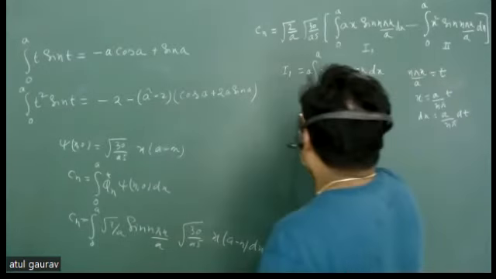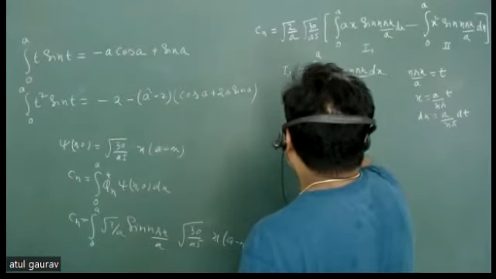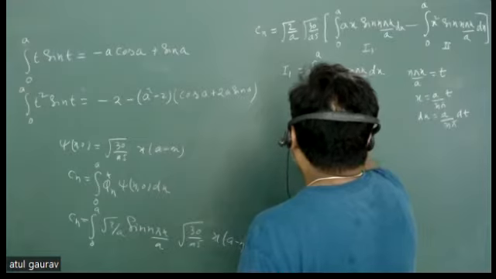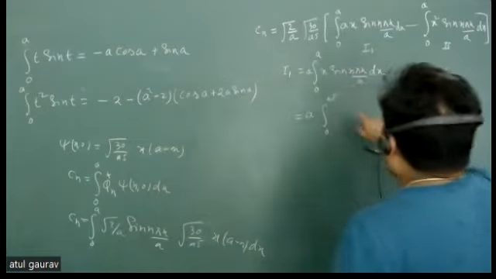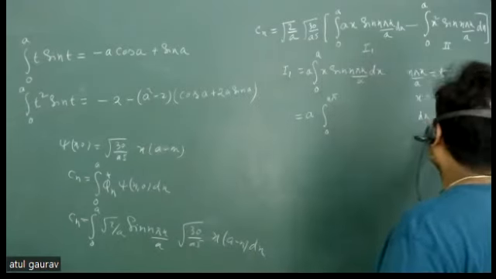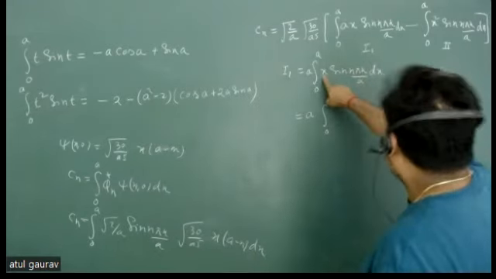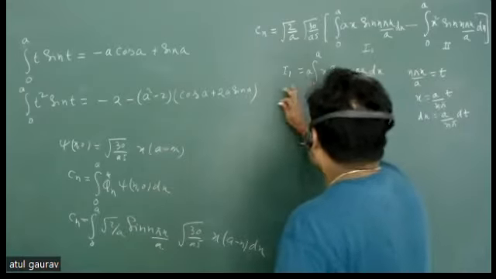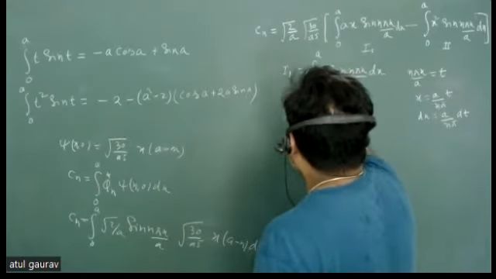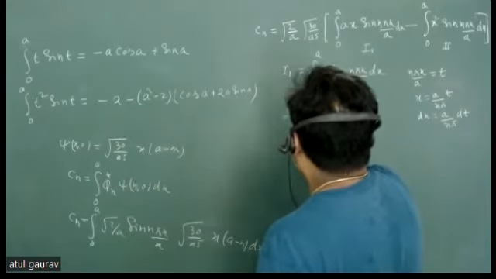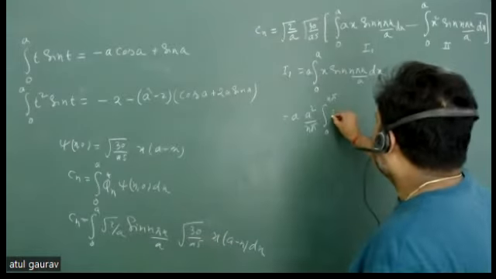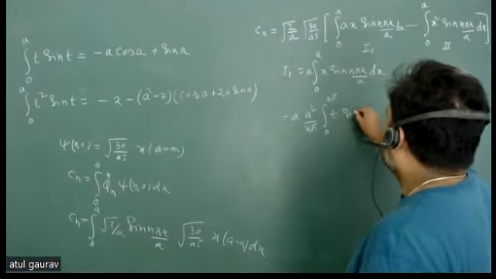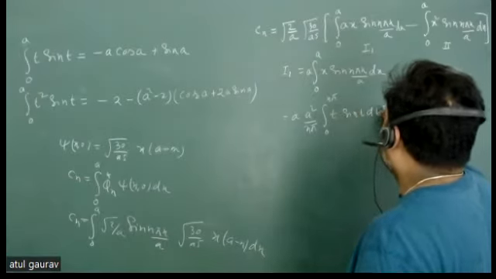So this integration will change to 0 to n pi, and since the power of x is 1, one factor will be for dx and one for this x. So what will come outside this integration? a is this number, then a square upon n pi will come outside, and here it will be t sine t dt.